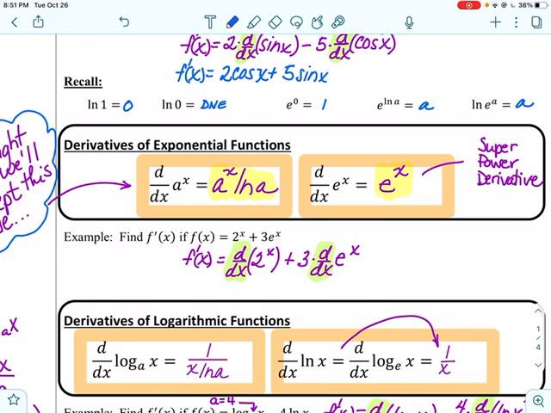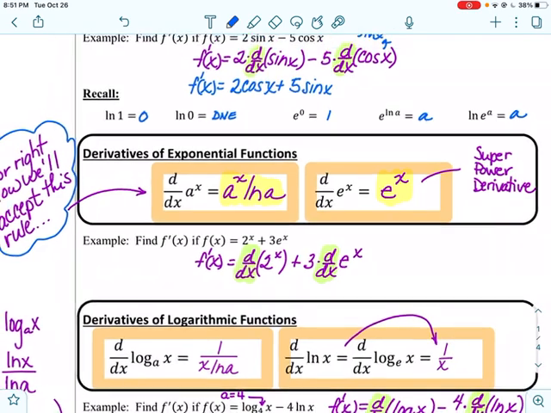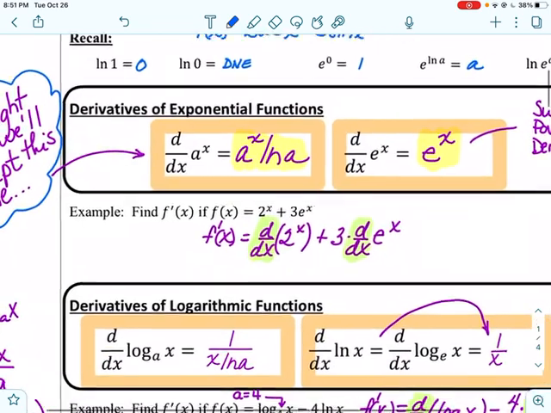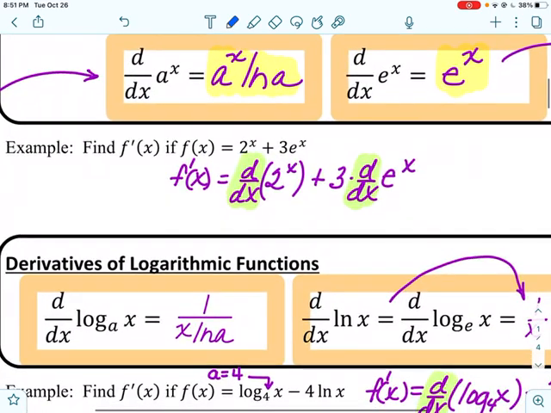So derivatives of exponential functions, and for right now, we'll accept this rule. We'll talk about it more and how we can derive it so you understand that. So the derivative of a to the x is a to the x ln of a. And the derivative of e to the x is just e to the x. It's what I call the superpower derivative. So underneath we have finding f prime if f of x is equal to 2 to the x plus 3e to the x.